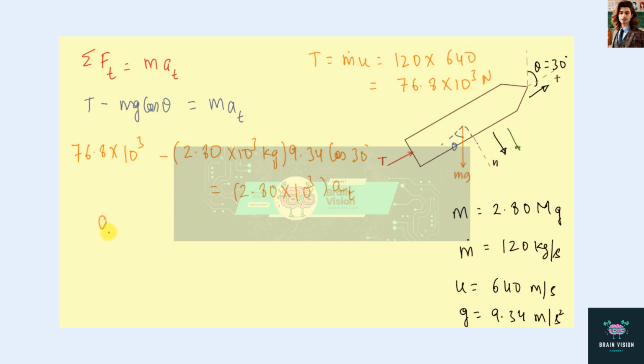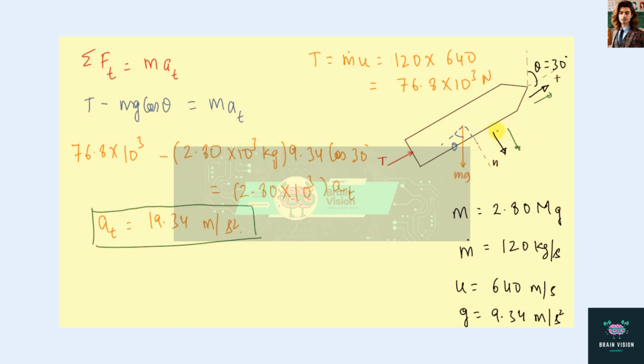From here the acceleration at comes out to be nearly 19.34 meters per second squared. So this is the acceleration of the rocket in the t direction.